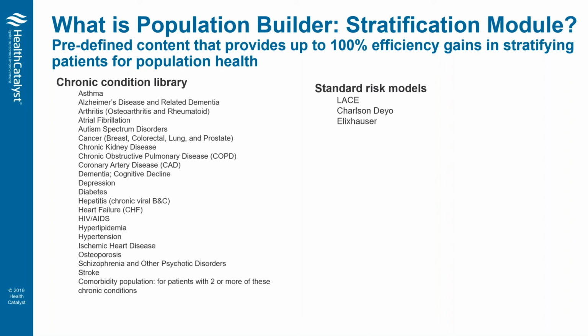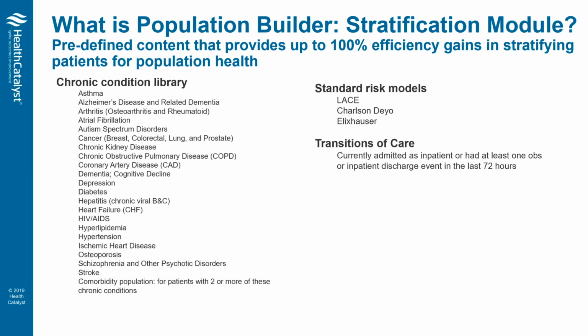It includes standard risk models, things like LACE, Charlson-Deo, and Elixhauser. It includes a definition of transitions of care, so patients who are currently admitted or have had at least one visit in the last 72 hours. High ED utilization, we're using an H-cup definition. It's a little bit more complex than just saying over X number for all patients in the last few months.